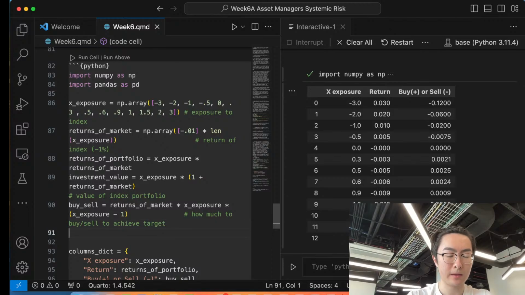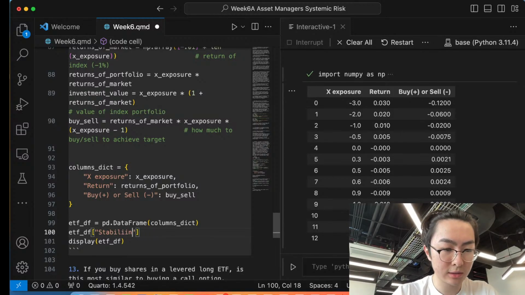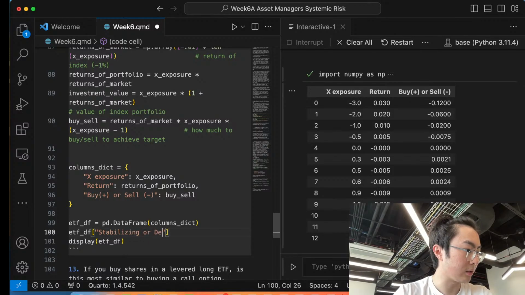Nice. All right. Then we could say column dict, ETF df. So we want to add a column called stabilizing or destabilizing.